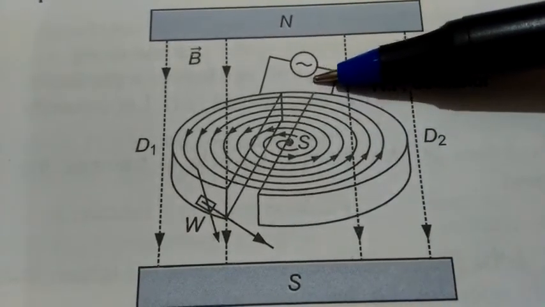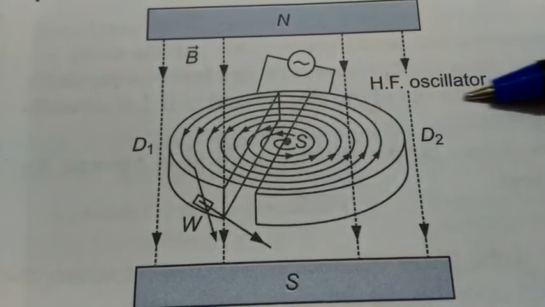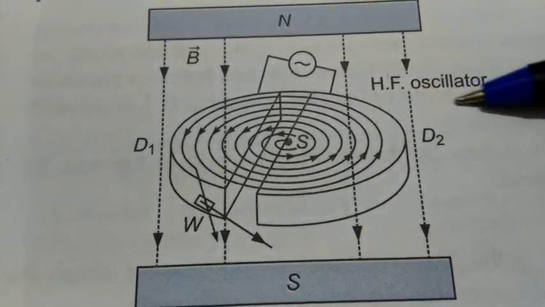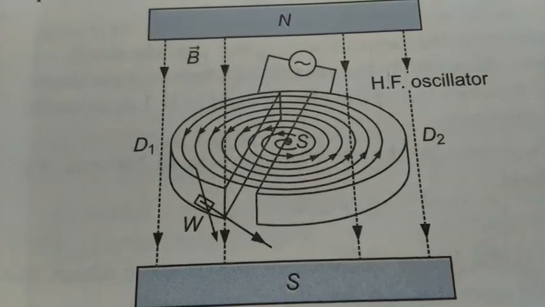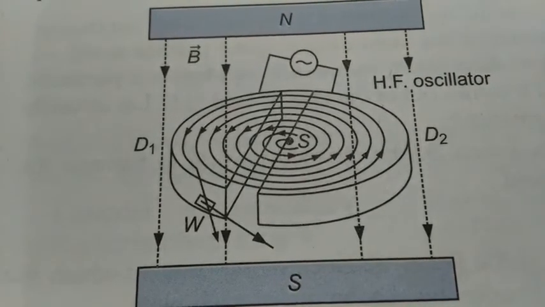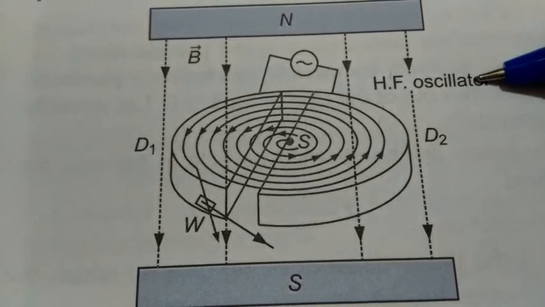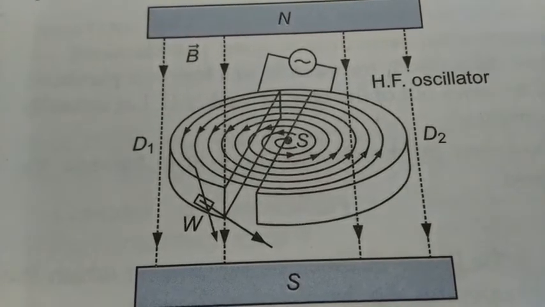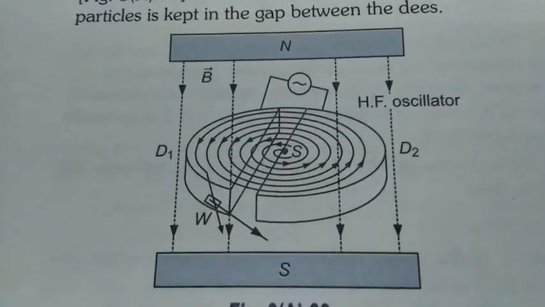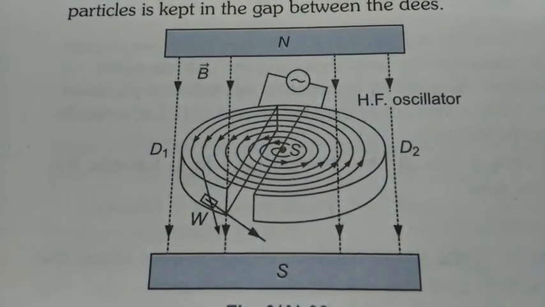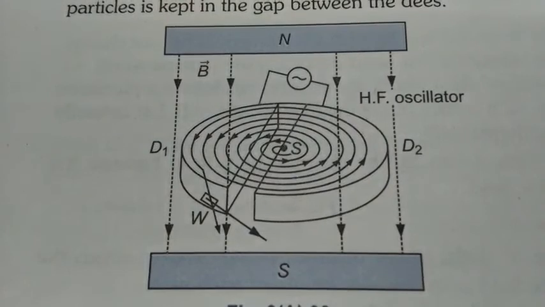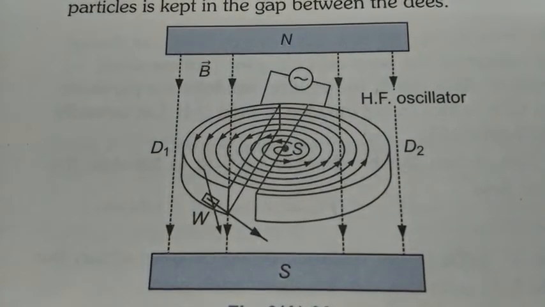It continuously changes because here we are using an oscillator, not a battery. If we use a battery, the direction of the field will be in one direction only. But the oscillator continuously changes the direction of the field. Why we need to change the direction, we will study in detail when we discuss the working of the cyclotron.